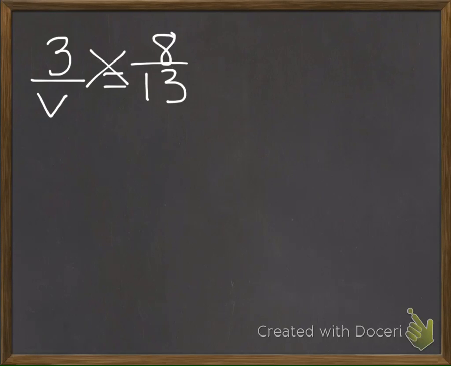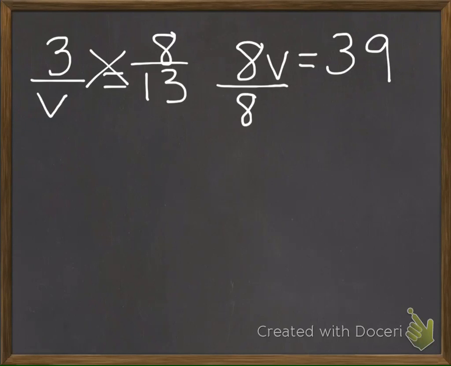All right, so number 18, 3 over v equals 8 over 13. Once again, draw your cross and then multiply what's on the ends of your line. So 8 times v is 8v, and 3 times 13 is 39. Okay? Isolate your variable, solve for v by dividing by 8 on both sides, and that makes this go all the way away.